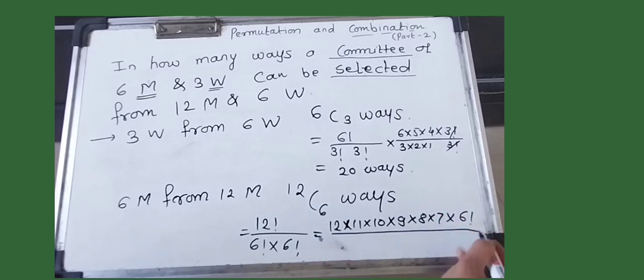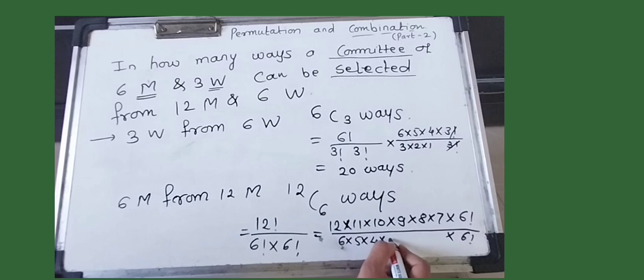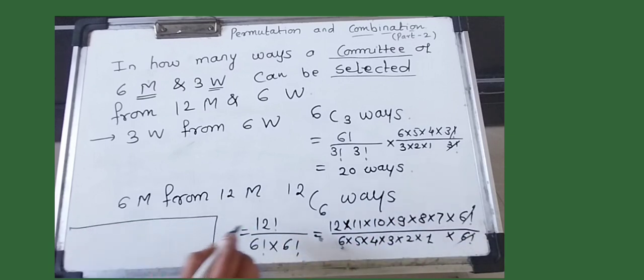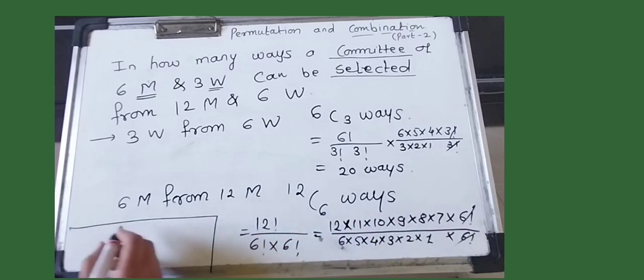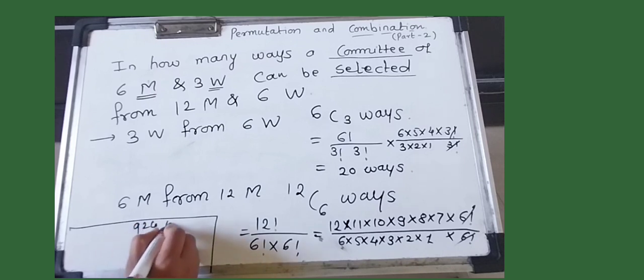Here also 6 factorial, and 6 factorial means 6 into 5 into 4 into 3 into 2 into 1. Here 6 factorial gets cancelled. Solve this using calculator. Calculator is allowed here. So our answer is 924 ways.